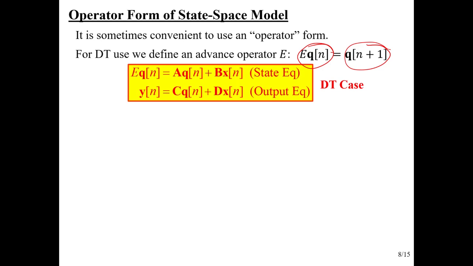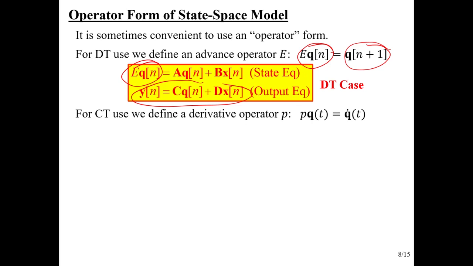So then I can rewrite my state equation. This hasn't changed, but right here, instead of writing Q of n plus 1, I just write EQ of n. Now you might wonder, what's the beauty of this? You'll see as we go through the subsequent slides how we exploit this little idea. And for continuous time, it's easy enough to use the dot for derivatives, but we'll also find it very useful to use a derivative operator.